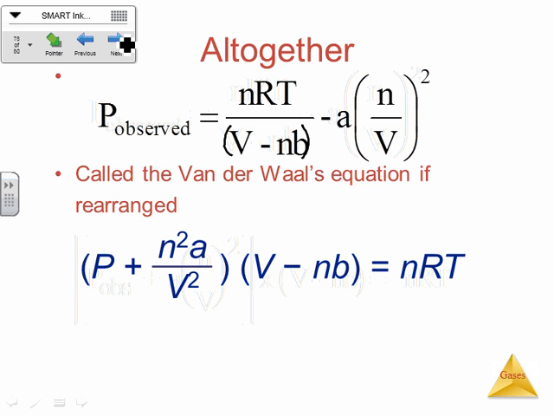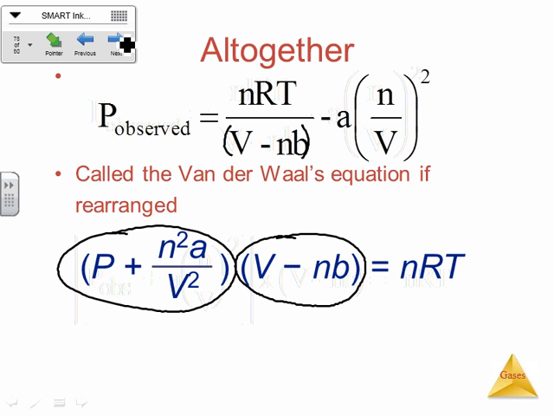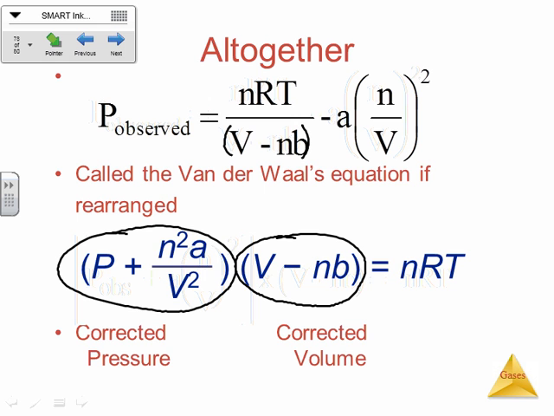Put all that together, rearrange it a little bit, and you end up with PV equals nRT, but the P is going to be this value here, and the V is going to be this value here. So this part is the corrected pressure, and the part on the right here is the correction for the volume. That's going to give you a more accurate read on what the gas is actually doing.